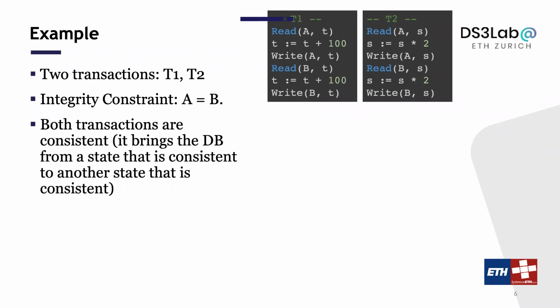But the invariant is that in the new database state, A still equals B. Okay, it's consistent. It's going to bring my database from something respecting all the constraints to something else that also respects all the constraints.